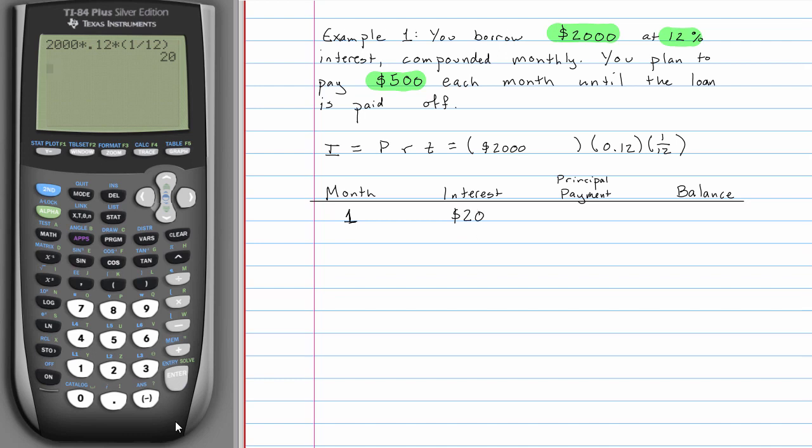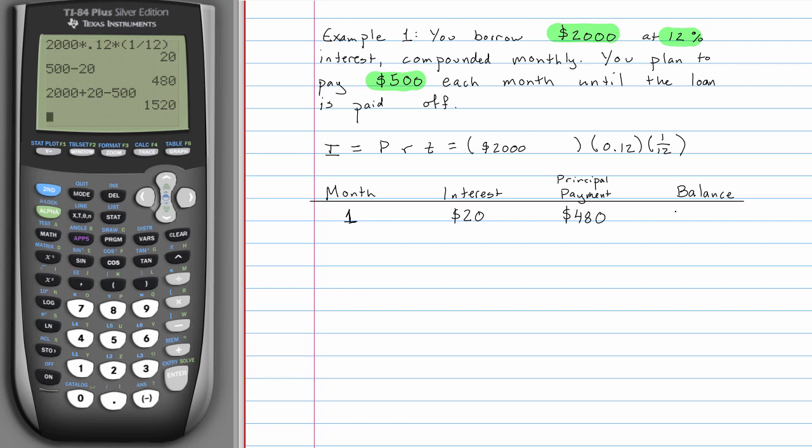But I'm going to pay $500 this month. $20 of that goes to paying off the interest, and the rest, the $500 I pay minus the $20 that went toward interest, goes toward paying off the balance. We call that a principal payment. And so after my first monthly payment, I started out owing $2,000, I added $20 in interest, and then I paid $500.